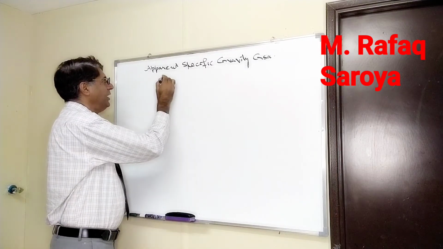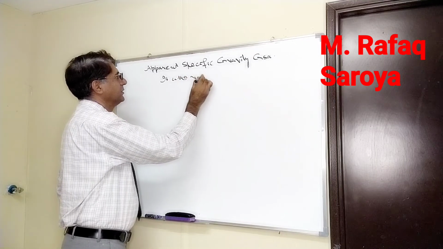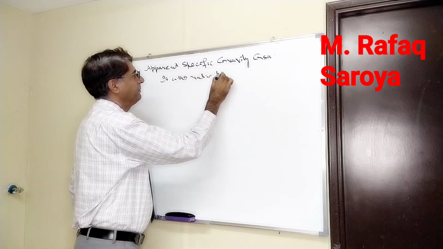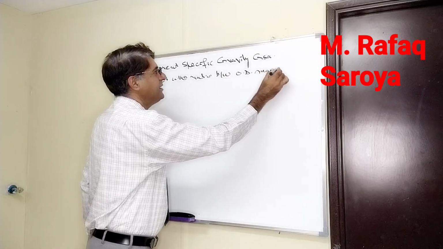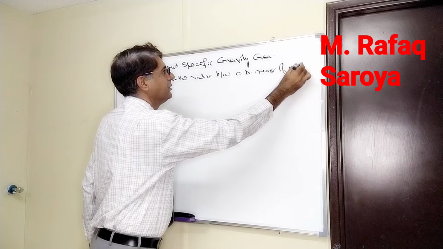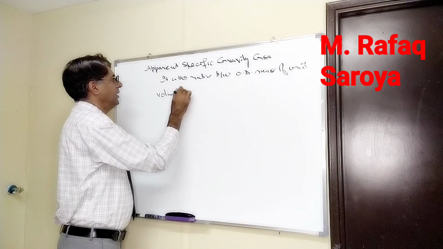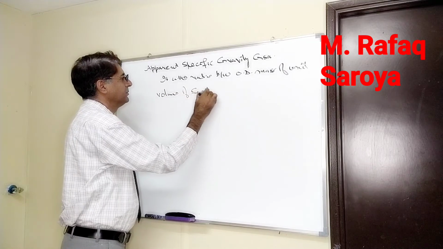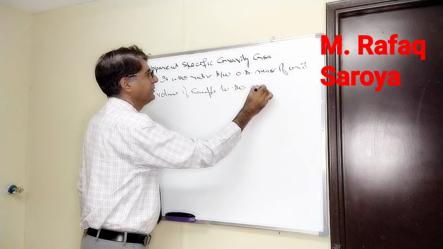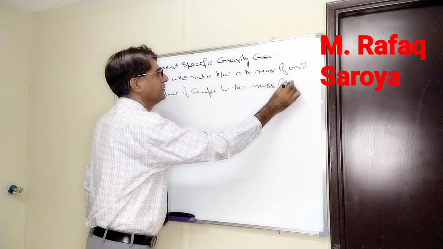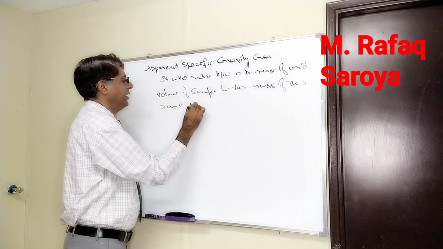I will just write down that it is the ratio between the oven dry mass of unit volume of sample to the mass of the same volume, unit volume of water.